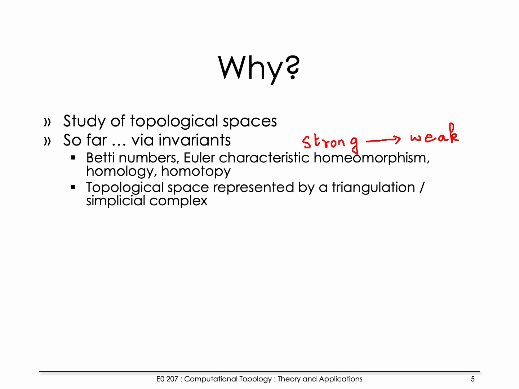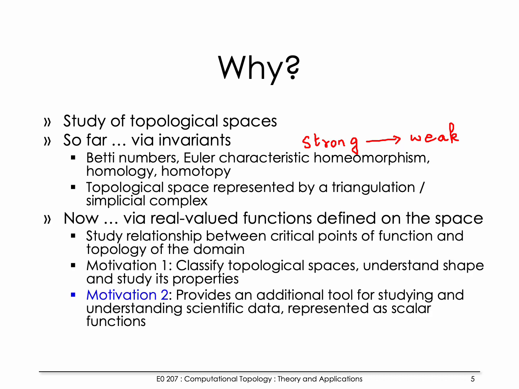topological space. Now what we want to do is to study the topological spaces via real valued or scalar functions defined on the space. So this is where Morse theory comes in. So essentially we want to study the relationship between critical points of this real valued function and the topology of the domain.